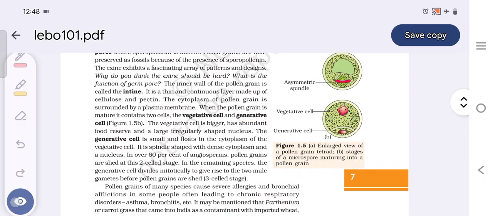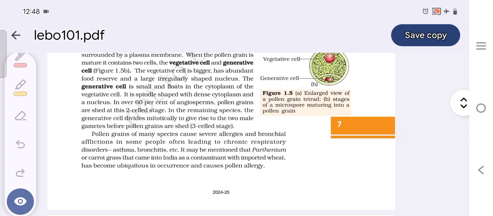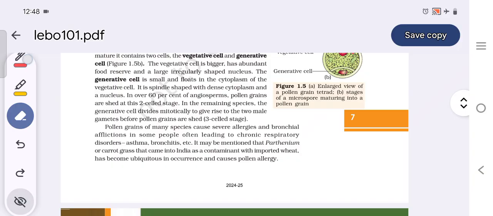Let's move ahead with the pollen grains. When you come to pollen grains, there are people who have allergic reactions towards these pollen grains. So there you have mention of Parthenium, which is very commonly known as carrot grass, and it is said to have reached India as a contaminant along with wheat.